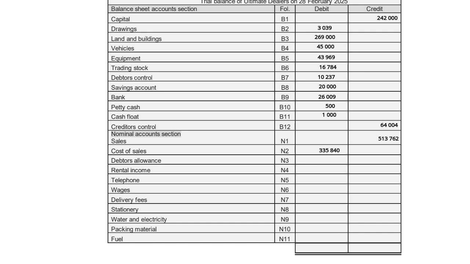Your debtors allowances has a total of 13,182 on the debit side. Your rent income has a credit total of 14,600. Your telephone has a debit total of 5,464. Wages has a debit total of 6,395.